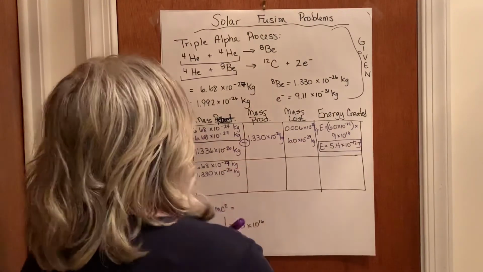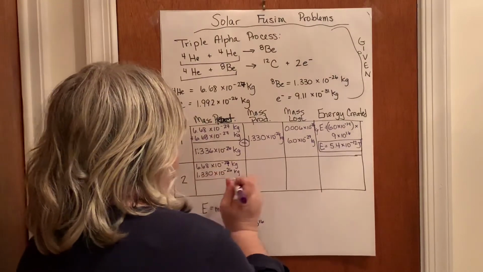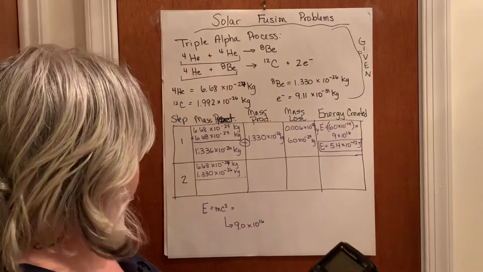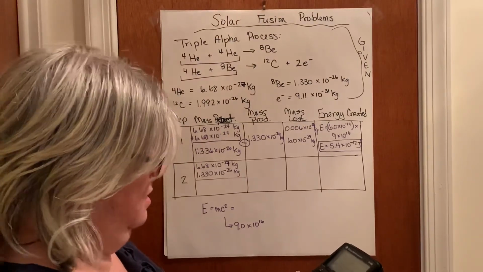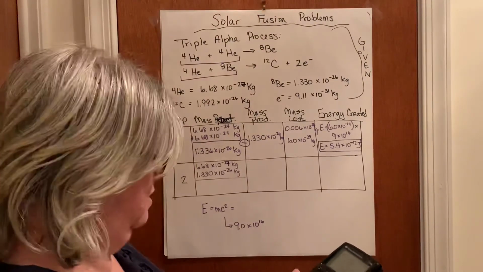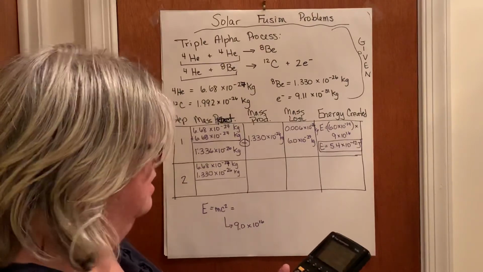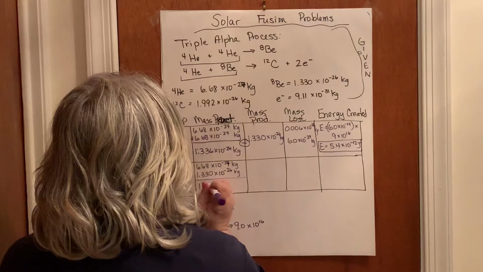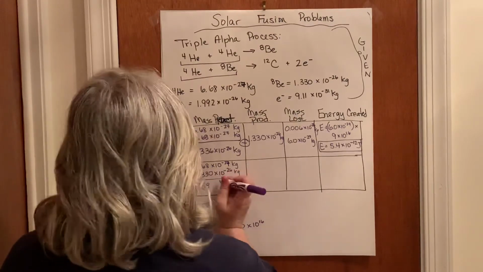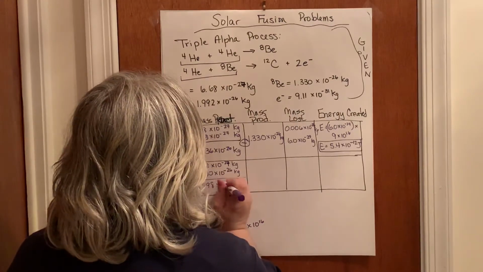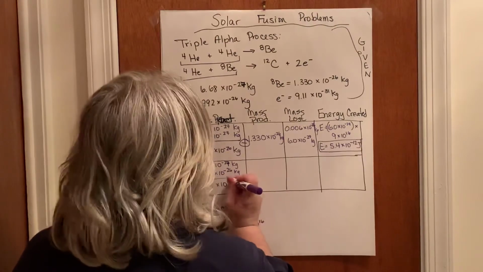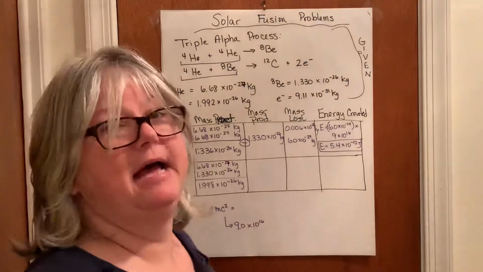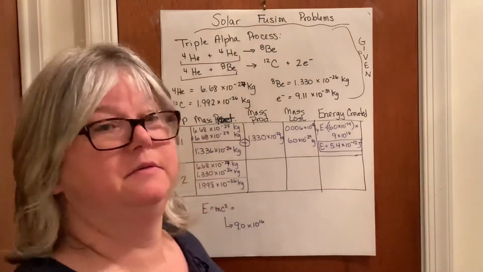I add those 2 together, and I get 1.998 times 10 to the negative 26 kilograms. So that's the mass of my reactants.